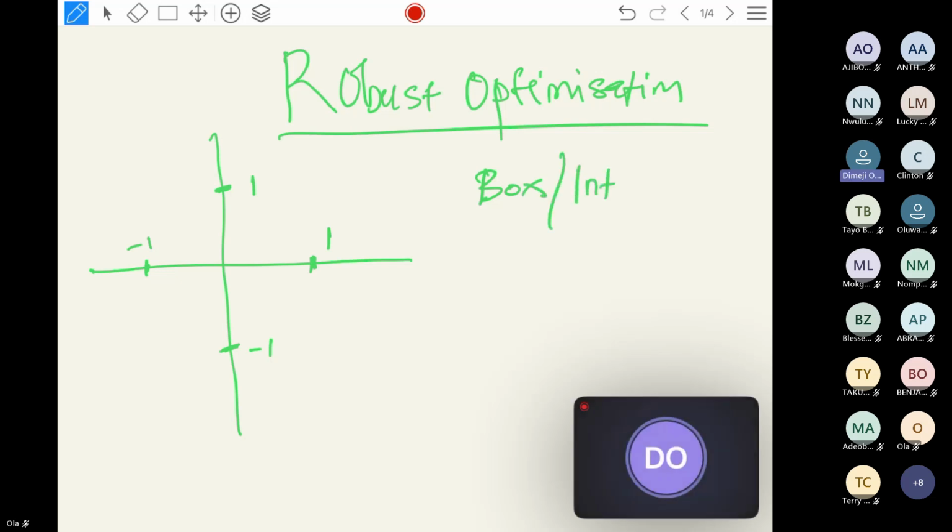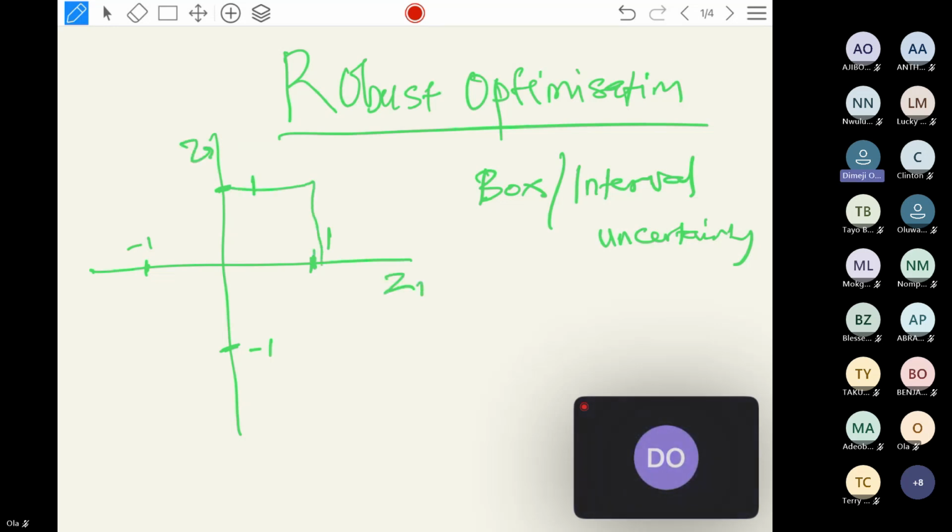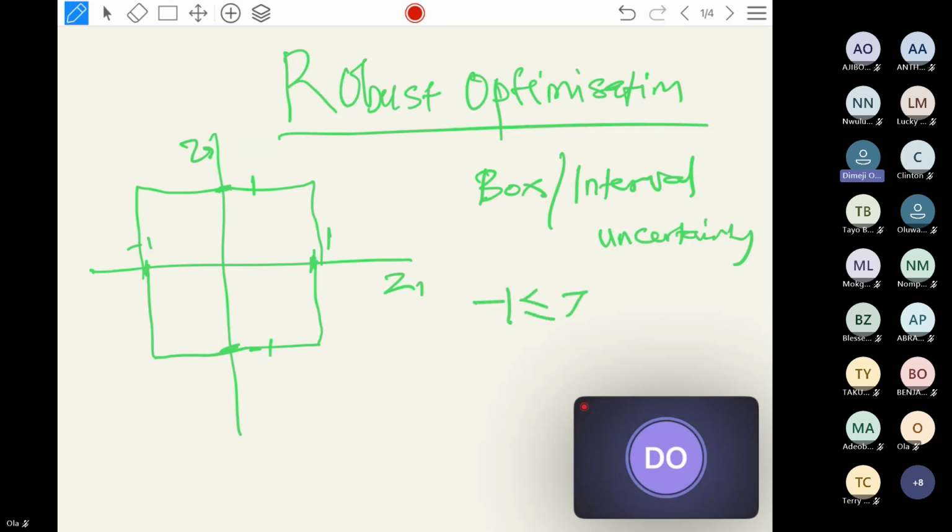So here I'm discussing the box or the interval uncertainty. And this is the way it works. This is Z, Z1, Z2. This boundary here is defined by -1 is less than or equal to Zj, less than or equal to 1, where j is 1 to n.